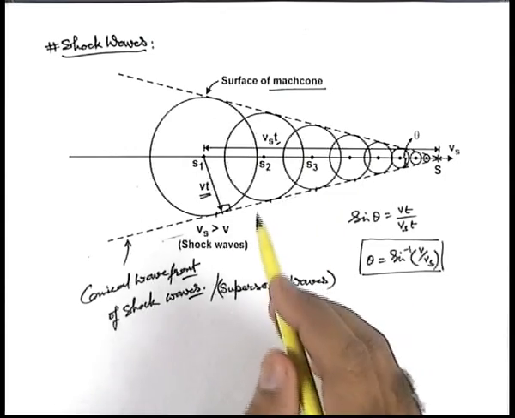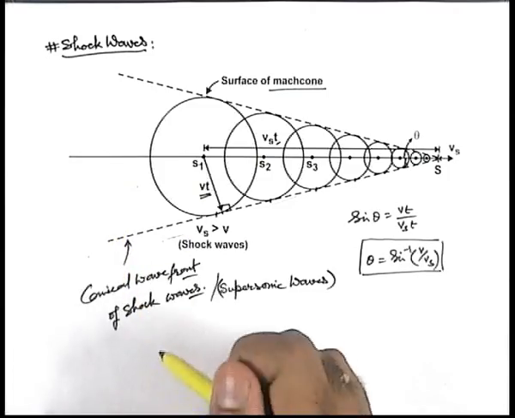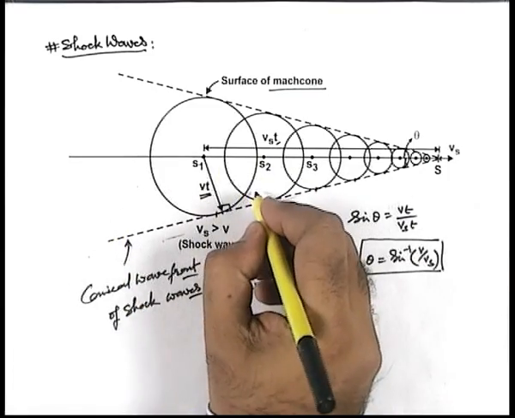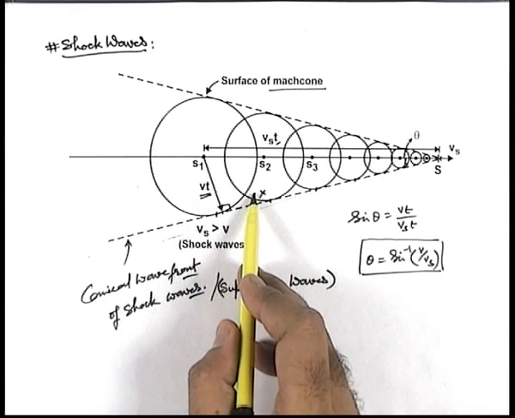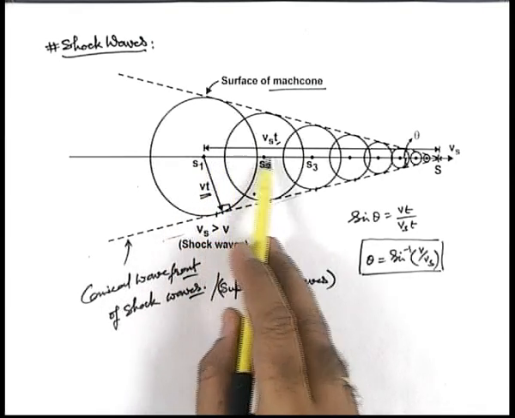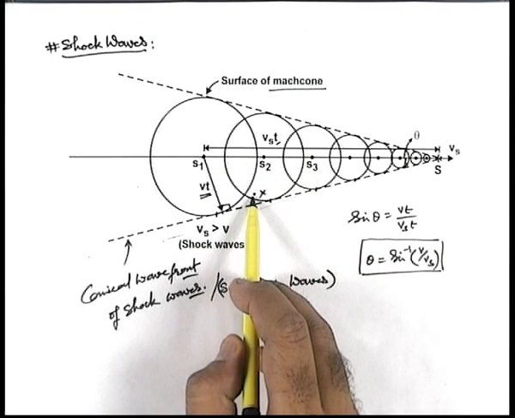And here, let's also discuss why we term these waves as shock waves. The reason is, within this conical region, if we consider a point x, we can say at point x there are more than one locations of the source from which simultaneously waves will arrive in same phase.